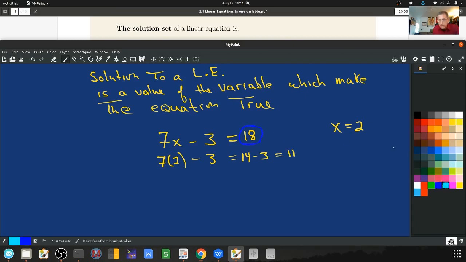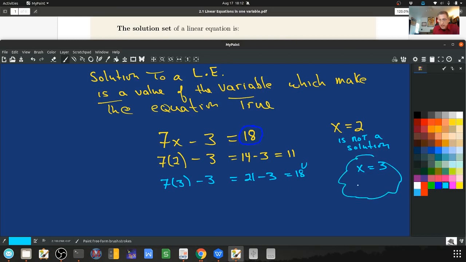So x equals 2 is not a solution to this particular equation. Well, let's try another value. Let's try x equals 3. Then we have 7 times 3 minus 3. 7 times 3 is 21, and 21 minus 3 is indeed 18. So x equals 3 is a solution.